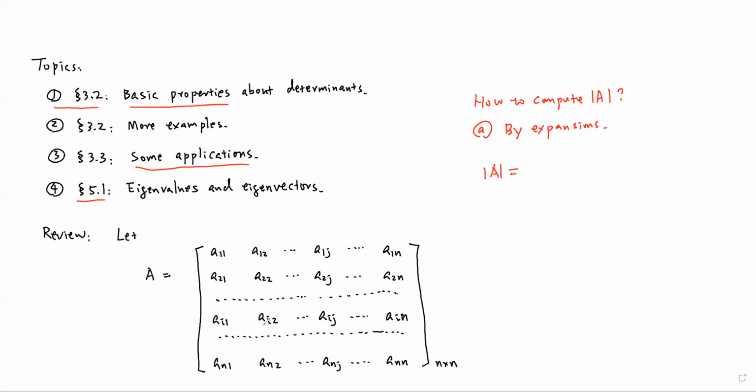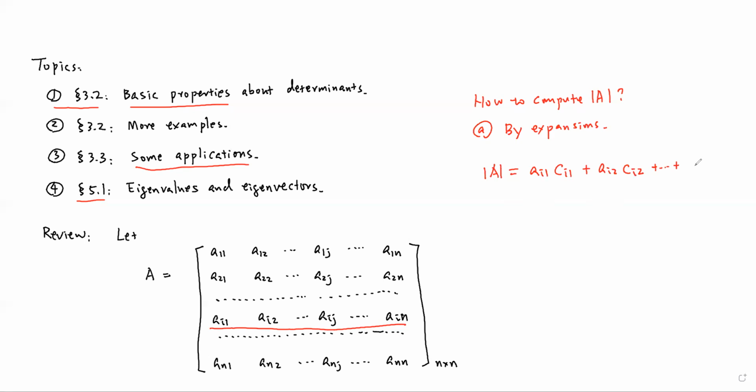We can expand the determinant of this matrix across any row, say across row i. The formula is a_i1 times C_i1 plus a_i2, the second entry, times C_i2, and so on.